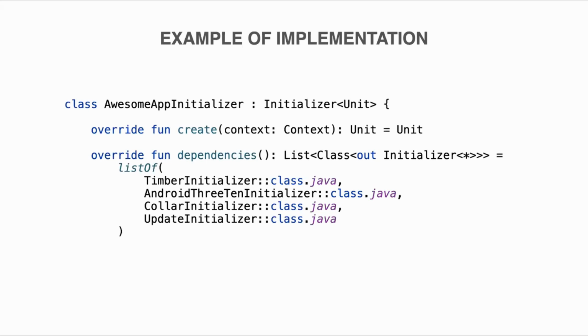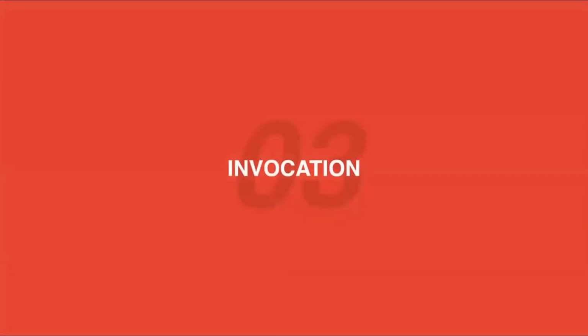So this is a neat way to initialize libraries that don't yet support any initialization or startup runtime, and to make it in the order that you actually need. Quite a common usage for this will be initializing Crashlytics initializer and library through implementation until they support it out of the box.